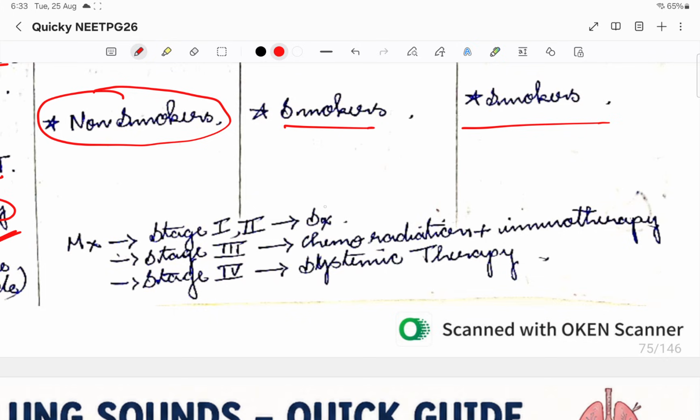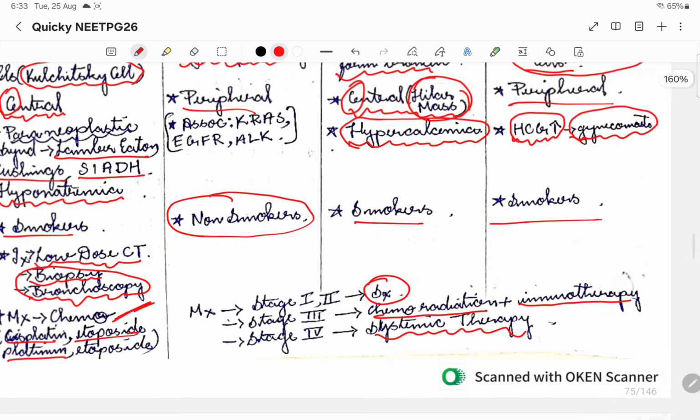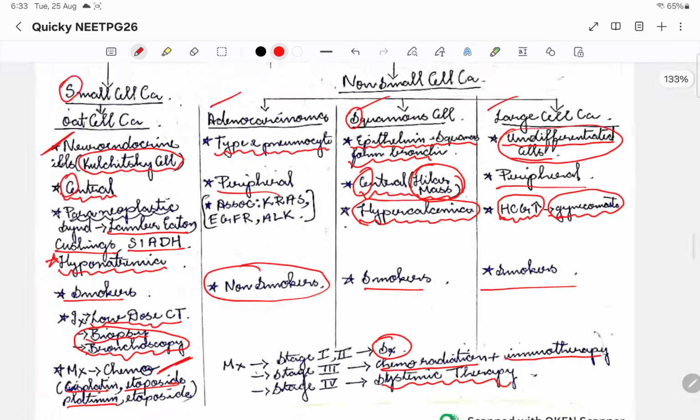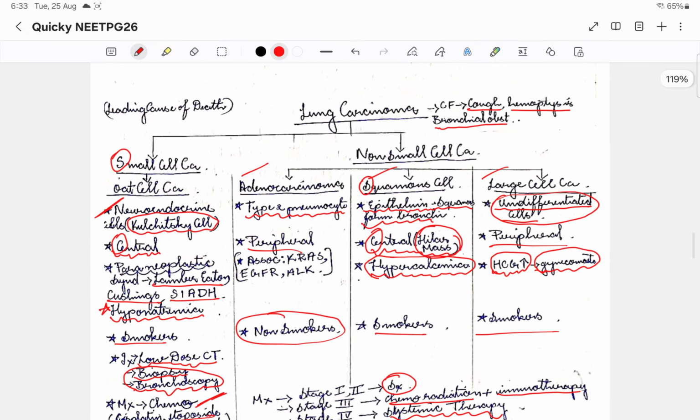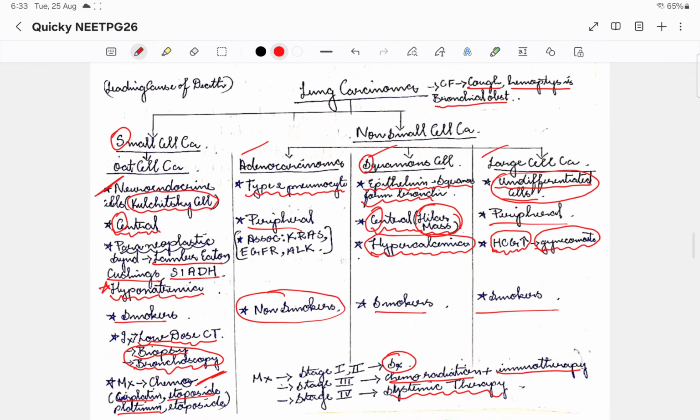In stage 1 and stage 2 we can do surgical resection. In stage 3 it can be chemoradiation and immunotherapy, targeted immunotherapy. In stage 4 we give systemic therapy. This is the entire thing with regards to lung carcinoma.